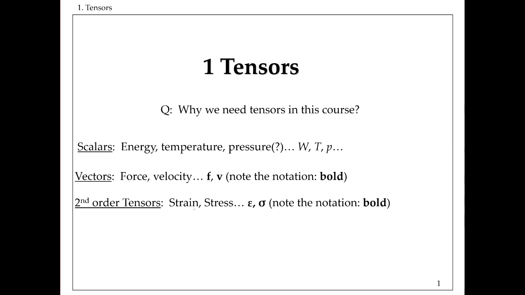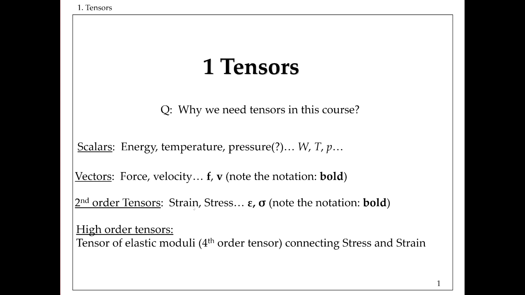Okay. All right. So we can go higher and have third order tensors, or fourth order tensors. I will give one natural higher order tensor example: the tensor of elastic moduli, which is actually a fourth order tensor. We would need that to properly connect stress and strain. If stress is a second order tensor and strain is a second order tensor, and we think in terms of the components, we want in general to allow all the components to depend on each other.